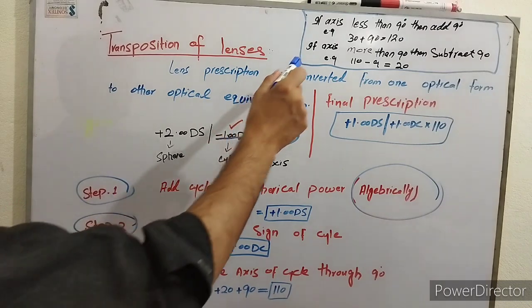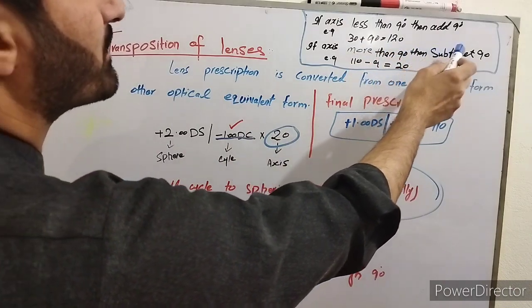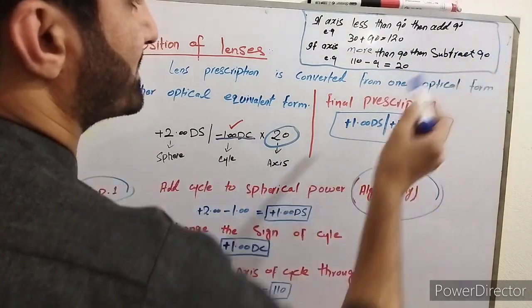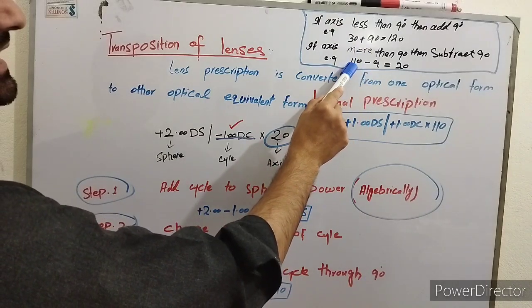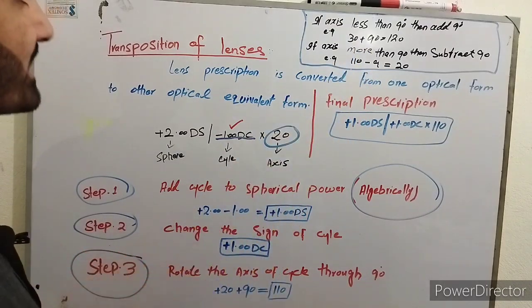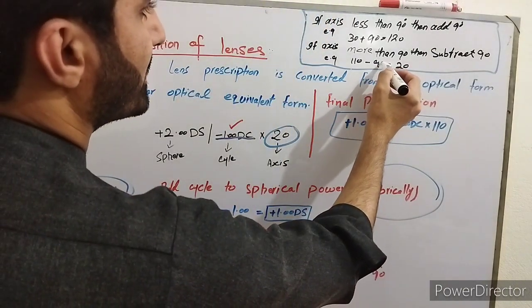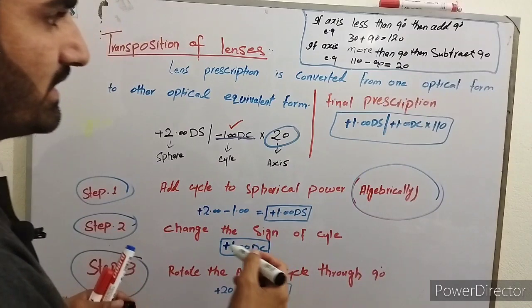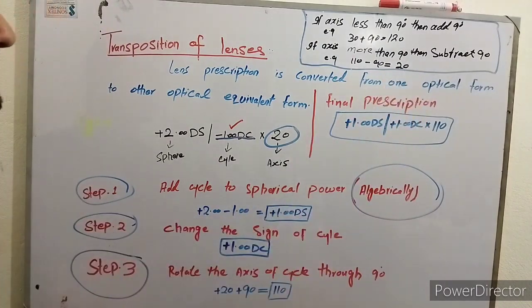But if our axis is more than 90 degree, then we will subtract 90 degree from that axis. For example, our axis is 110, then we will subtract 90 degree from this. 110 minus 90 is equal to only 20 degree.